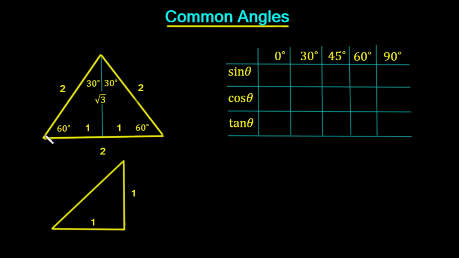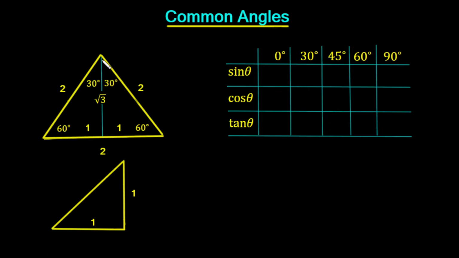Now the angles of a triangle add up to 180 degrees. And when we have an equilateral triangle, all of the angles are equal. So this would be 60 degrees, this would be 60 degrees, and this angle here would be 60 degrees. And when we add them all up, they give a total of 180 degrees.